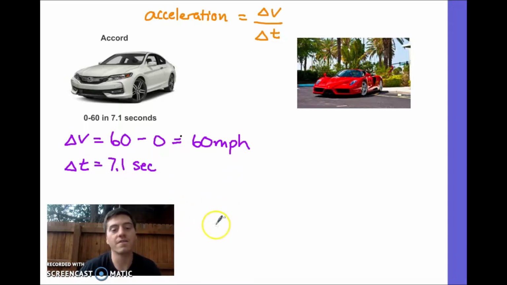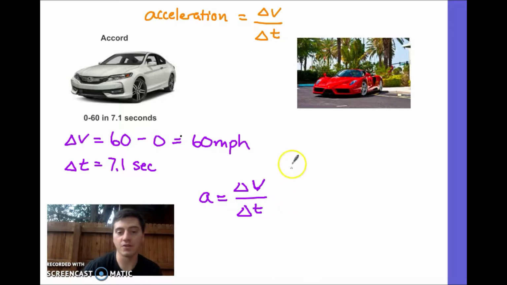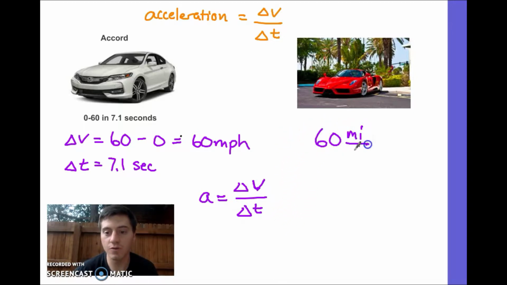So if we wanted to find the acceleration of a Honda Accord, then we would put the change in velocity over the change in time. Although there's one problem here that you might notice. This is 60 miles per hour, and this is in seconds.